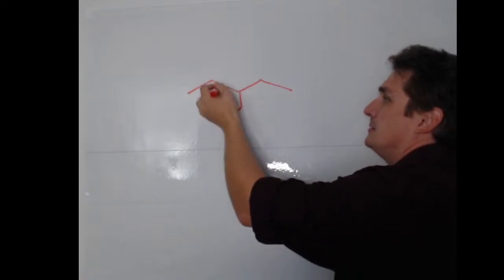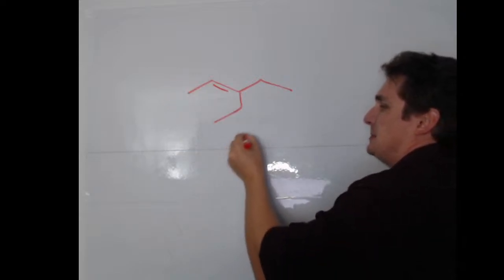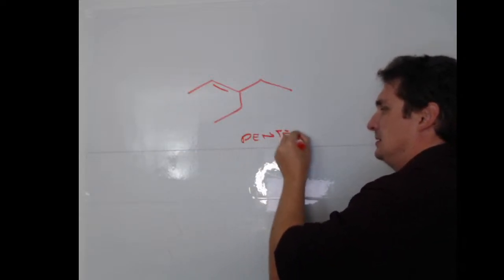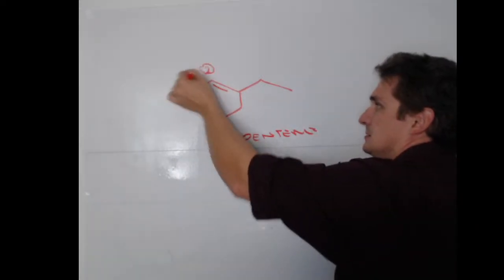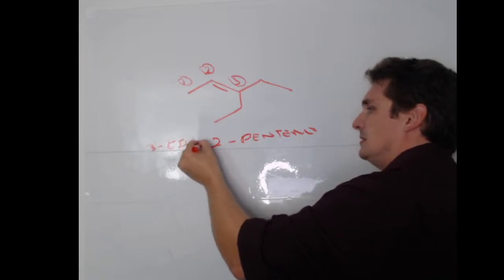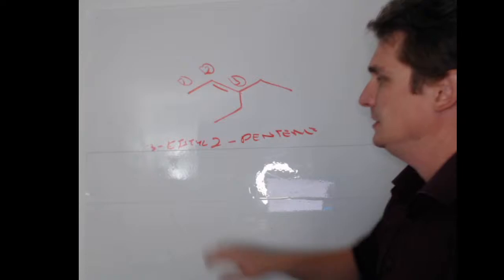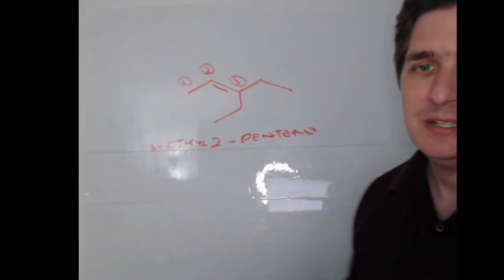These are all related by rotation, so we can just look at it this way. So our parent chain is a pentene. So it's 2-pentene with a 3-ethyl. So we have 3-ethyl-2-pentene.